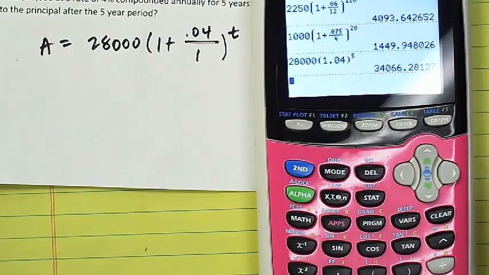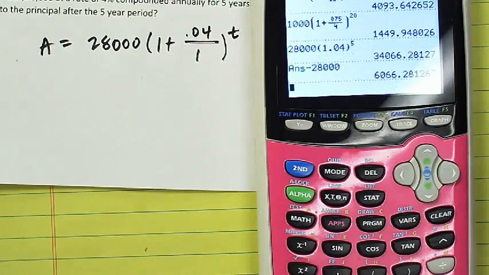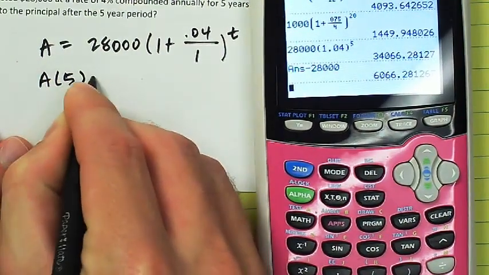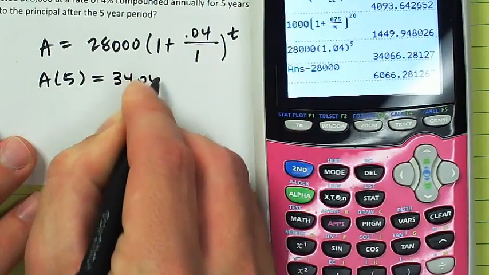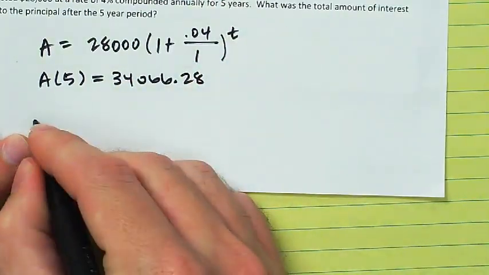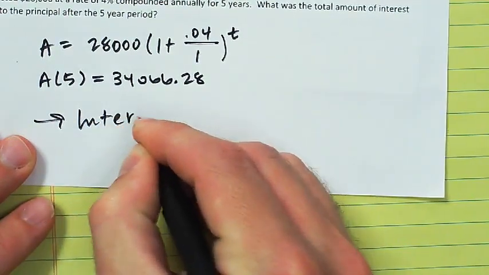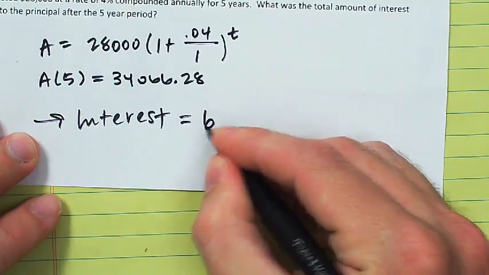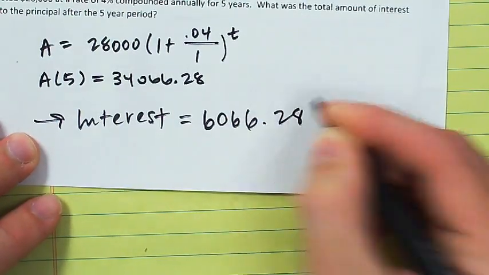And then we get $34,066. But if we just want to know the amount of interest that was added, then we would subtract away the 28,000. So A of 5 equals 34,066.28. As a result, the interest that was added is going to be $6,066.28.